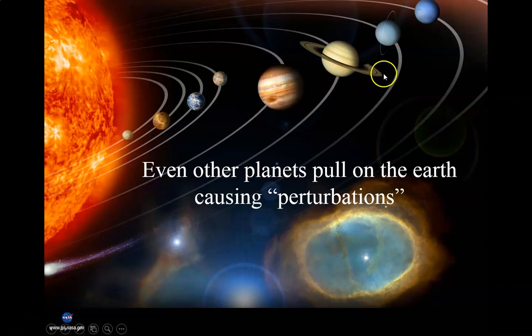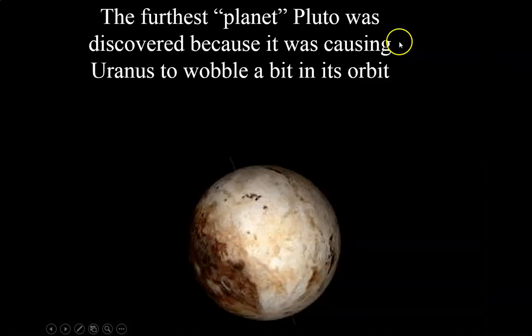That's actually how they discovered, was it Neptune or Pluto? Because the planet, if we still call Pluto a planet, was messing with the orbit of another planet. And here that is. So the furthest planet, Pluto, was discovered because it was causing Uranus to wobble a bit in its orbit.